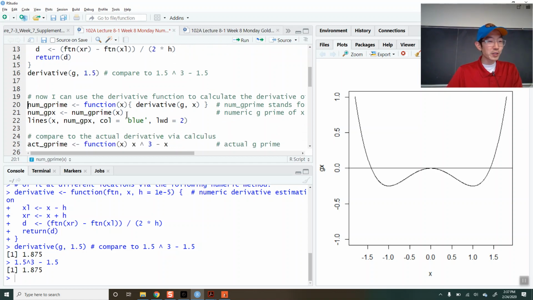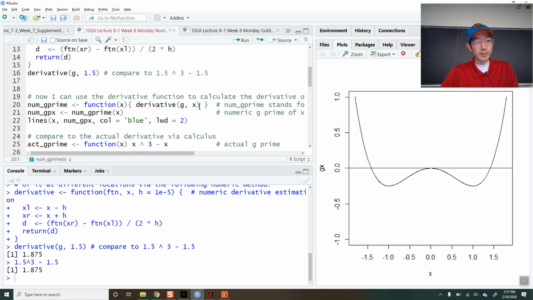To simplify things, right now the function, as I have it, I have to specify the function g plus the location. I'm going to take the function and say give me back, and assume g is always being used.